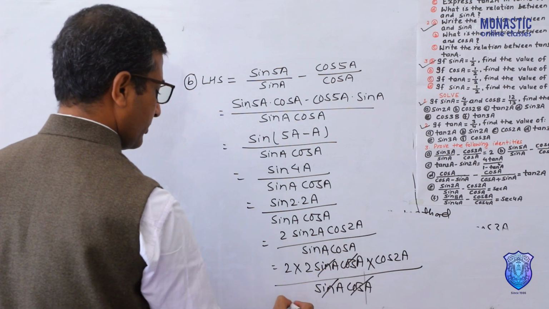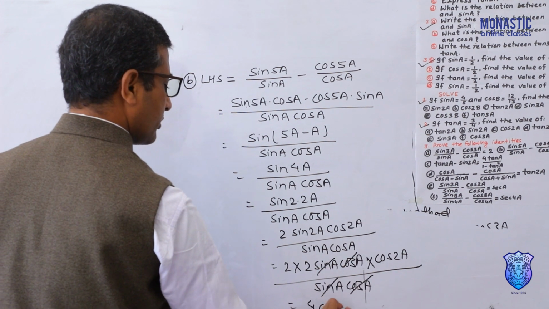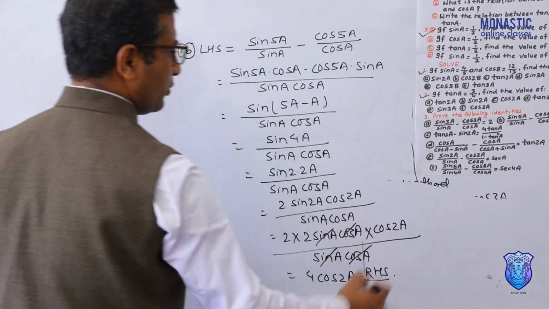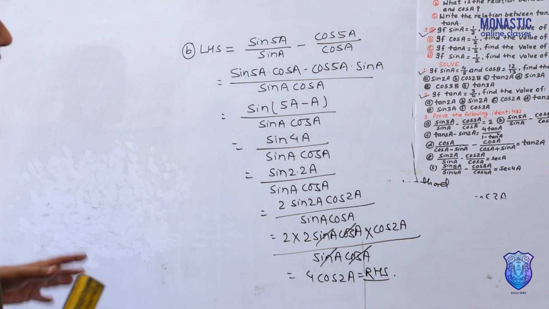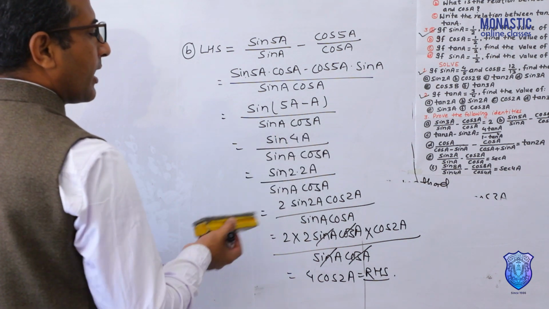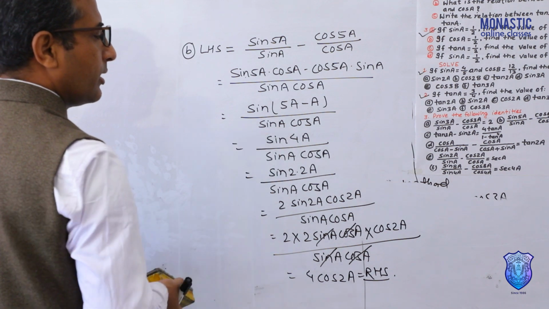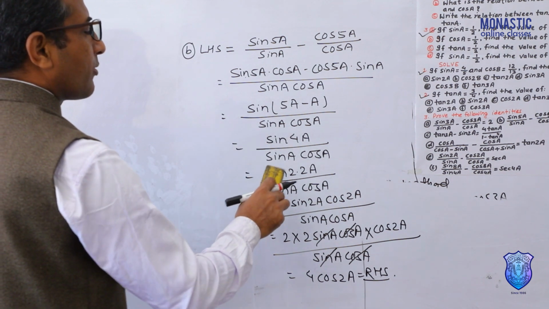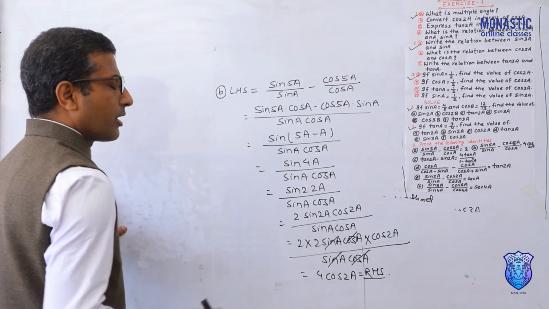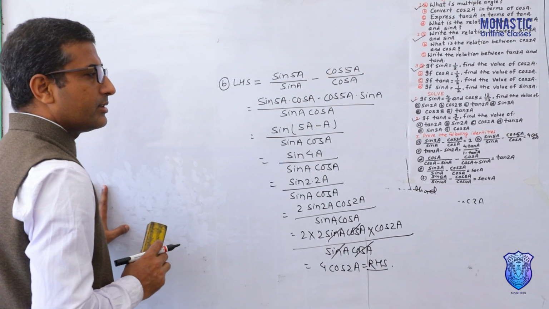Cancel these. That's your result: 4 times cos 2A. What you have to prove? Exactly the same question as earlier, but earlier it was 2A. You directly wrote the formula, but here it is 4A. In 4A we have written 2 into 2A, then the sine 2A formula is written, and after simplifying we get the final result.